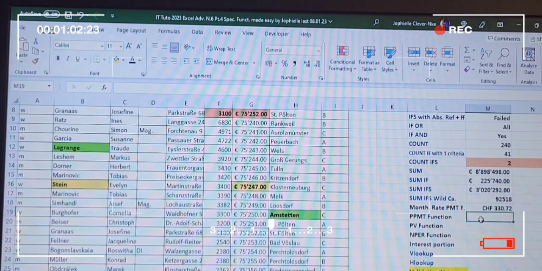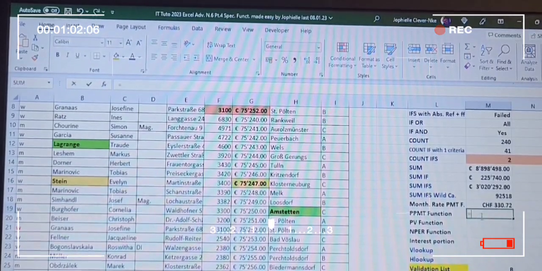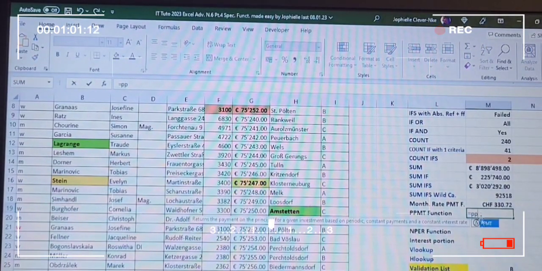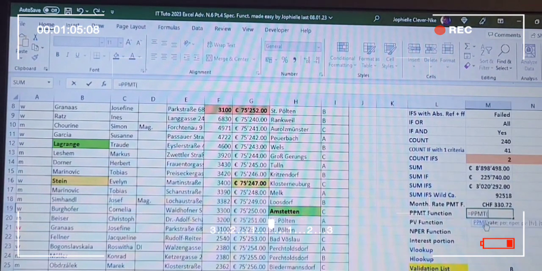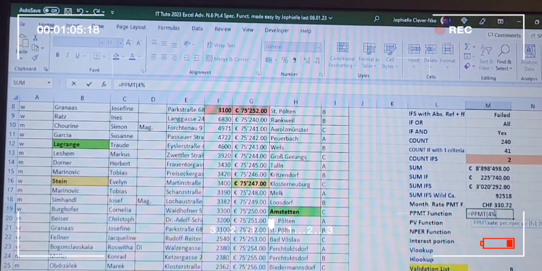Now the PPMT one. So equal, and we start writing PPMT, not 3 times. PPMT is a principal payment. Okay, as a rate, we are going to take 4% again. You can take 3.5 or 3.8, whatever values they give you to put in, or you just find one.